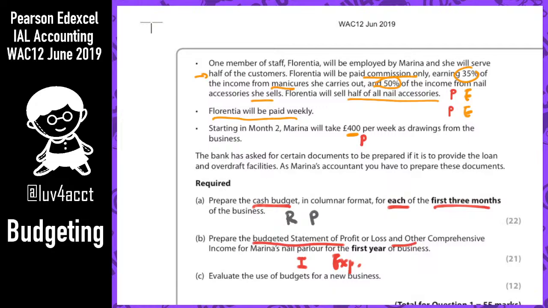The bank has asked for certain documents to be prepared if it is to provide the loan and overdraft facilities. That means we have to prepare the cash budget. Okay, and also the budgeted statement of profit and loss. That's why we are working on this question.